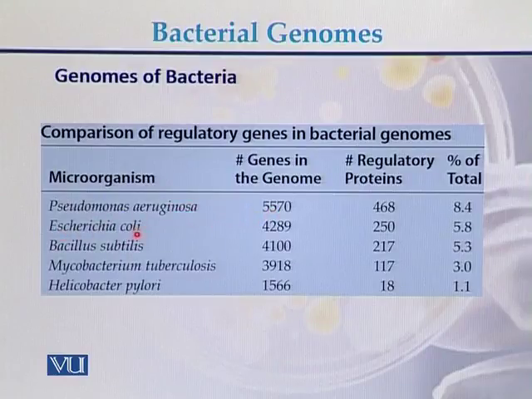Then in case of E. coli, the number of genes is approximately 4,289, Bacillus subtilis 4,100, Mycobacterium tuberculosis 3,918, Helicobacter 1,566 genes are present on the genome. So this is a comparison of how many genes are present on the genome of different microorganisms.